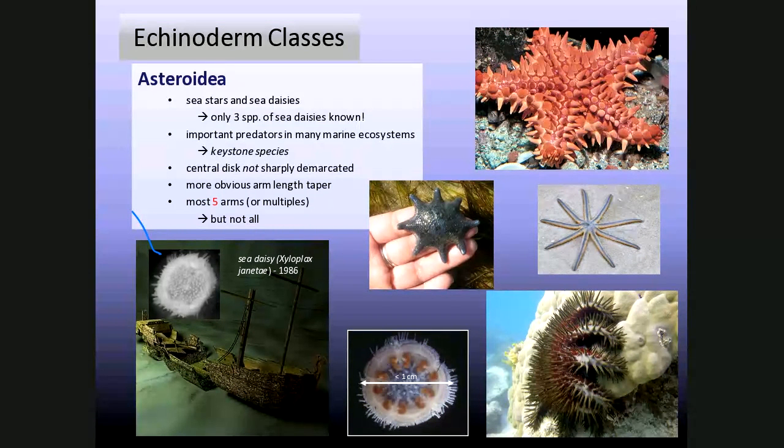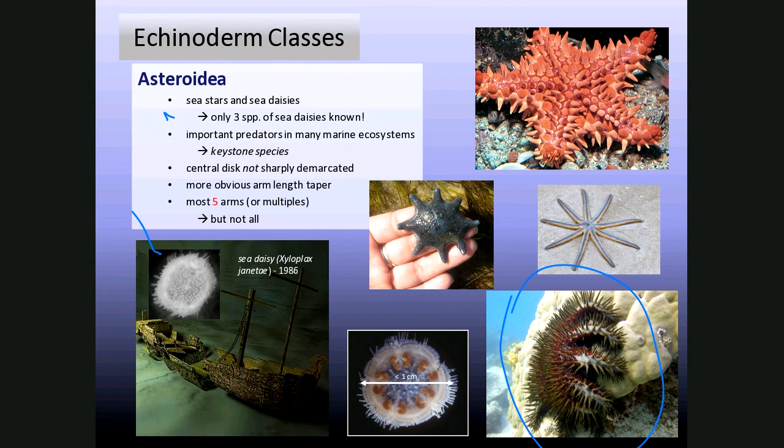Many times, members of this group, these sea stars, can be very important predators in a marine ecosystem. Like this here, this is the crown of thorns sea star. We call these kinds of organisms that are important in ecosystems keystone species. They don't have to be predators necessarily. The crown of thorns is a predator.